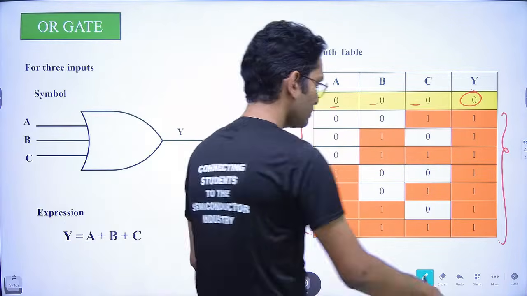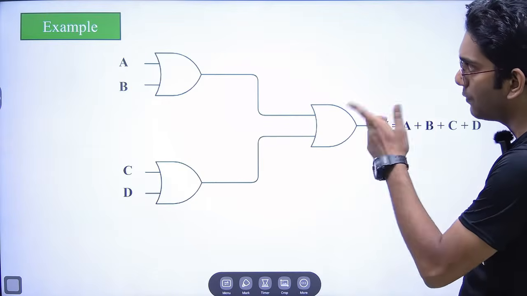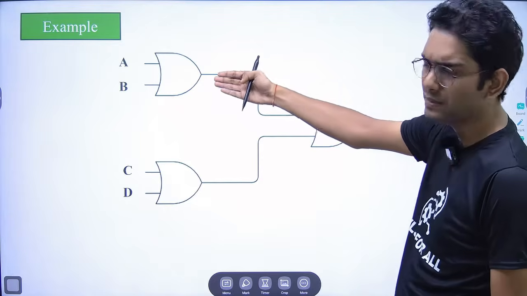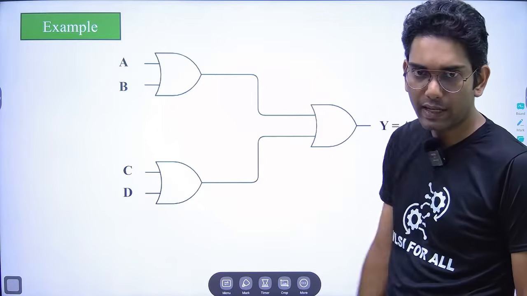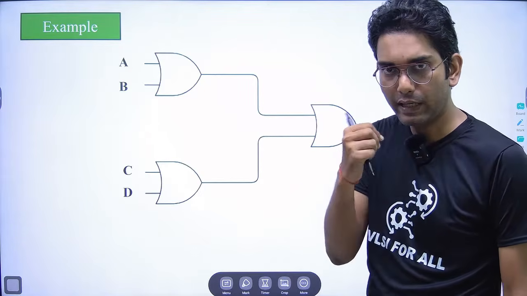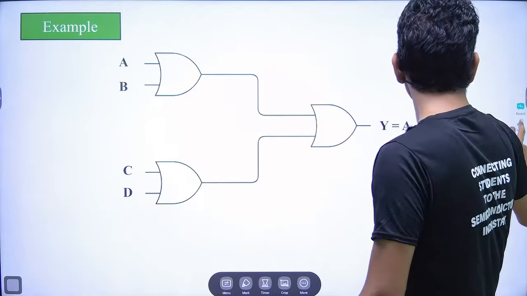Fine. Now coming to the basic example of the OR gate. In this basic example, this is just similar to the previous example that I had taken, but there I had taken it with the AND gate. Now I am explaining it with the help of the OR gate.